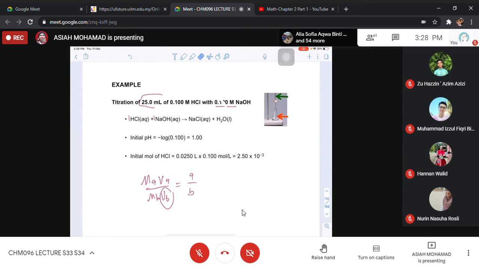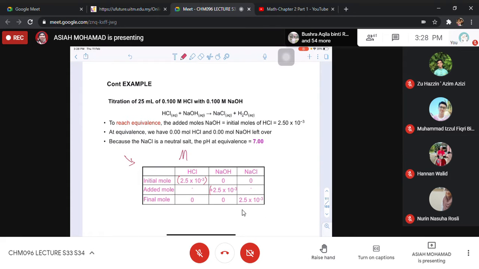So from the info given, you can calculate the initial mole of HCl: 0.025 liter times the molarity, this is the number of mole for acid. To reach equivalent point, because we need the same amount, you have to add the same amount of sodium hydroxide. Construct this ICE table for mole. This is the original mole present in the flask.